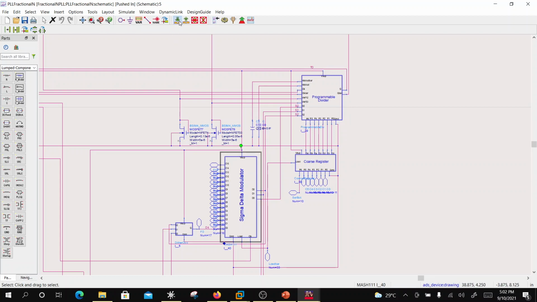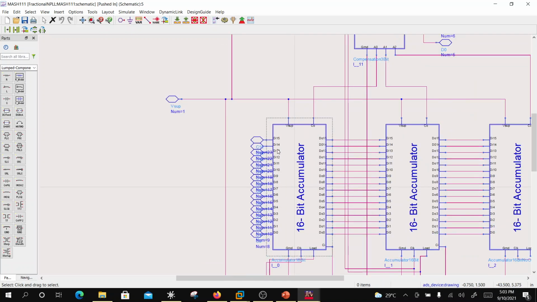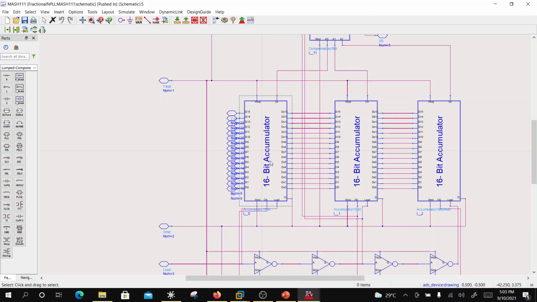So now if you want to see what is inside a Sigma Delta Modulator, there is an accumulator, right? So as I told you, m plus n cycles. So in this case it's going to be 2 raised to 16, because this is a 16 bit input, right? So it is going to be 2 raised to 16 cycles which are required for the average to be produced. And you know there is a trade-off.